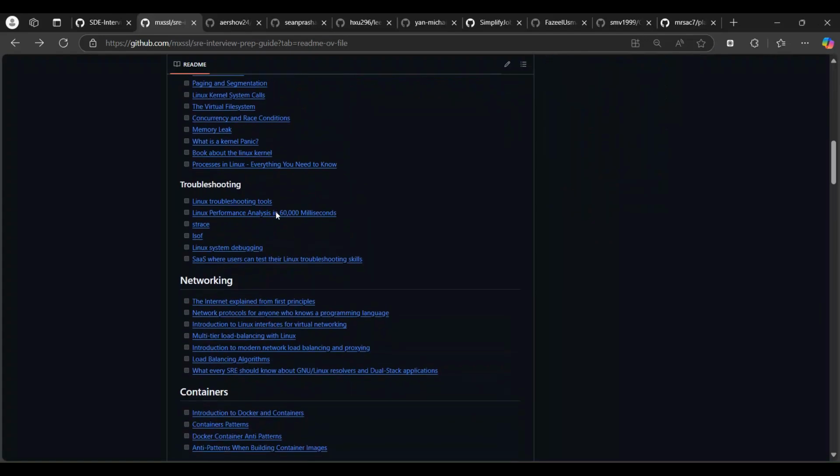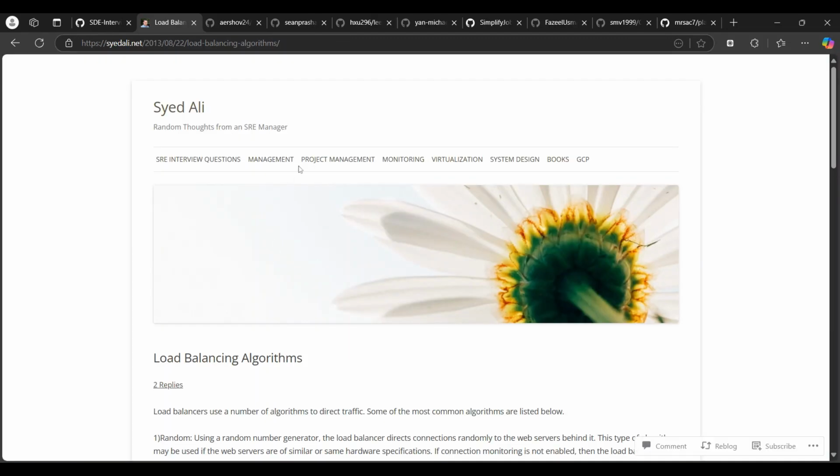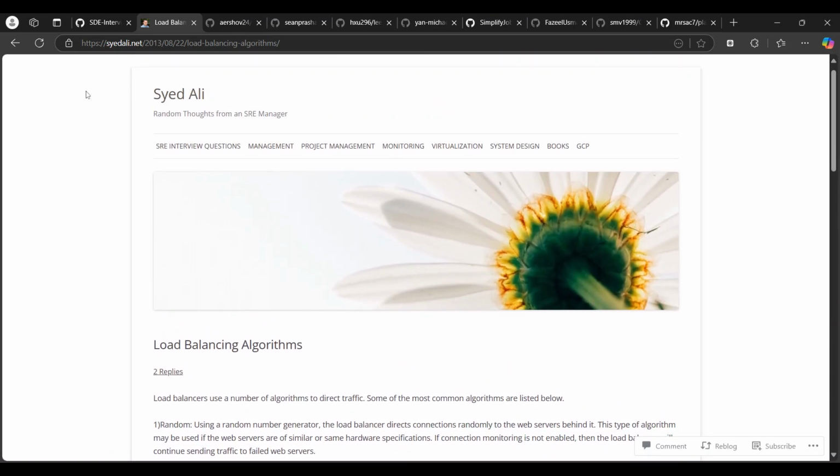Similarly, you should know networking also. For networking, they have added questions that are mostly asked and mostly needed in the SRE role, and they have given resources also, like load balancing, so you can learn about load balancing from here.